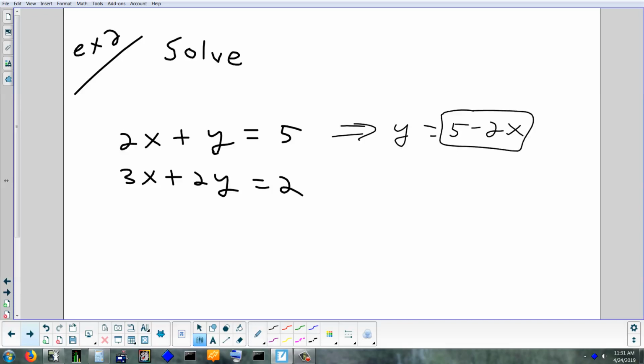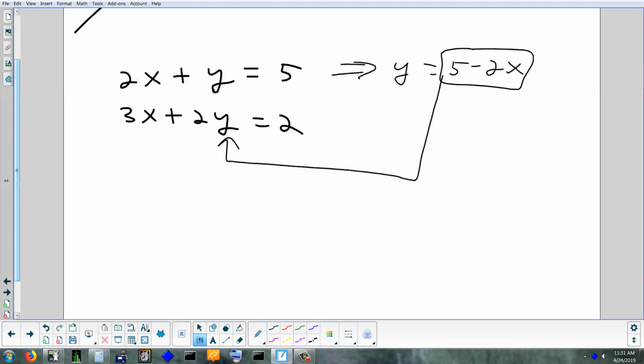If you were doing this in the context of graphing, you'd probably be thinking y equals mx plus b, and I didn't write it that way. But we're not graphing it, so that's fine. Right. And now what would I do with the 5 minus 2x? Yep. Okay. Substitute it for the y. Yep, substitute it in for the y, and we get 3x plus, and I'm going to double everything as I do it. Remember, it's a distributive property to the y.